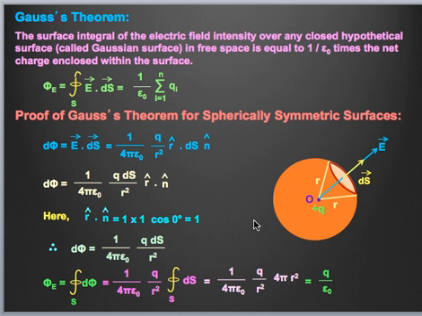We know that the electric flux is given by d phi equal to E dot ds, which equals 1 upon 4 pi epsilon q upon r square r vector dot ds n. We know that the electric field intensity due to a point on the surface of the sphere is 1 upon 4 pi epsilon q upon r square into r unit vector, the direction of the electric field.